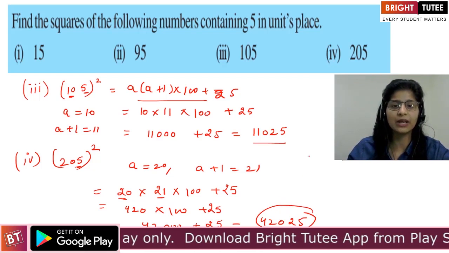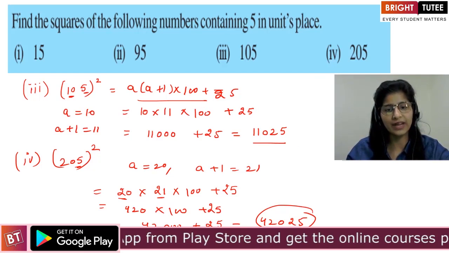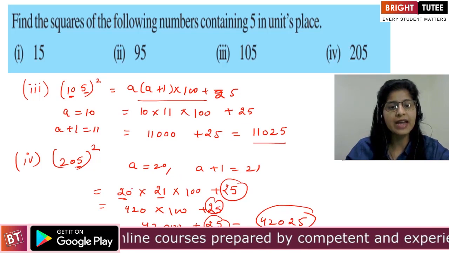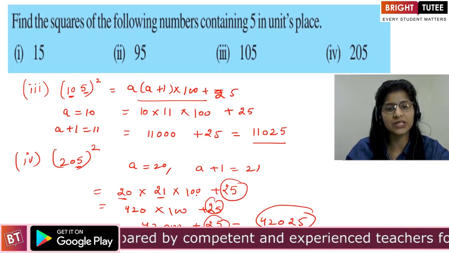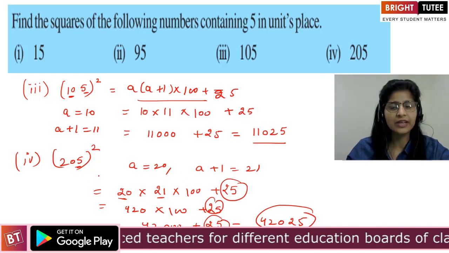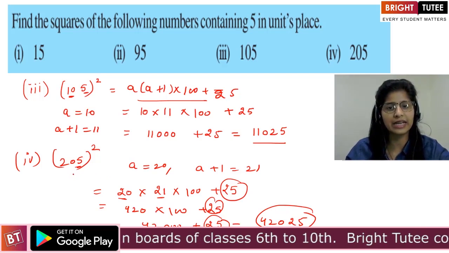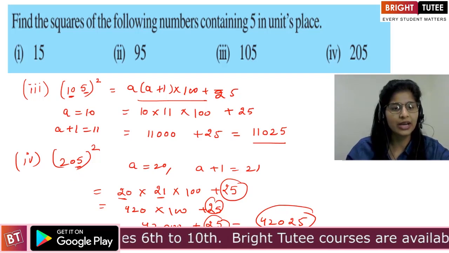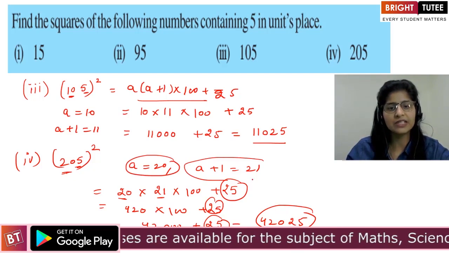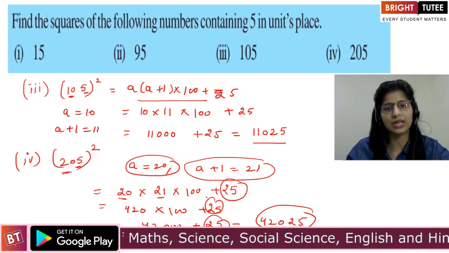So what is the formula? A into A plus 1 into 100 plus 25. So every time we are going to add 25 to the number and we are going to do A plus 1 and multiply by 100. How to identify A? Just leave 5, except 5, whatever number is left, you are going to take that as A. Clear? So here except 5, 20 is left, so we are taking A as 20. A plus 1 became 21, and putting the values in the formula, you're going to get your answer.